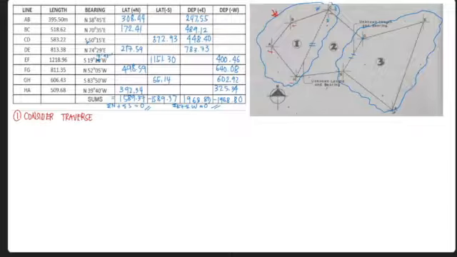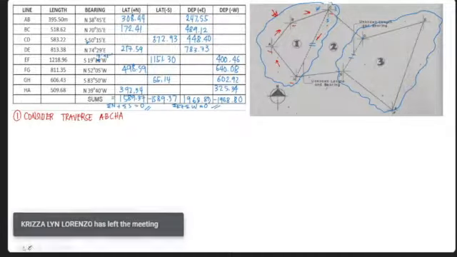So, A, B, C, H, and back to A. So, from there, we have one side with no length and no bearing, which is our CH. So, let's list the lines that are in the traverse.